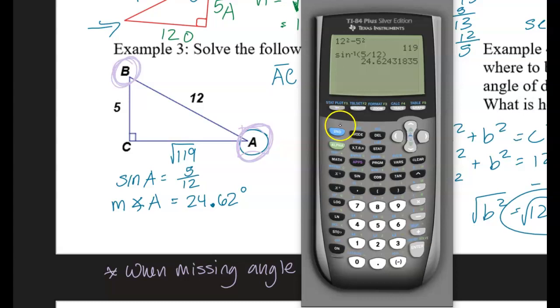Because we're doing cosine and we are missing the angle, you have to press second cosine. But this time it is the square root of 119 over the hypotenuse. Enter. And see, we end up with the exact same thing.